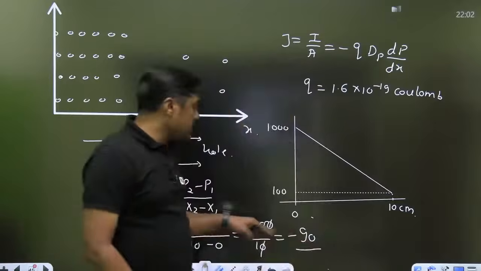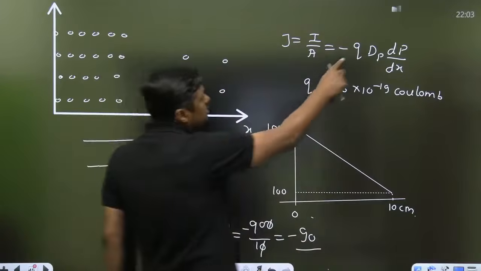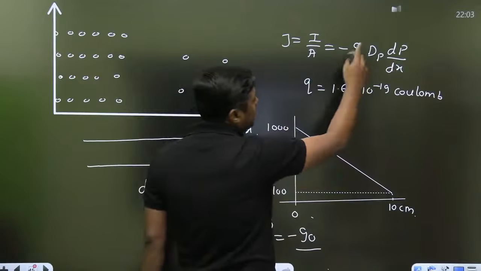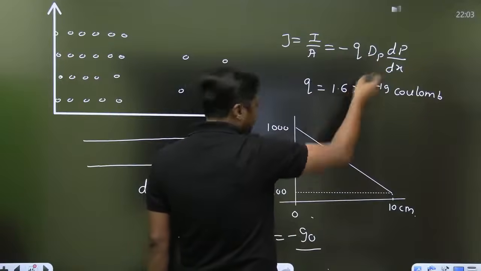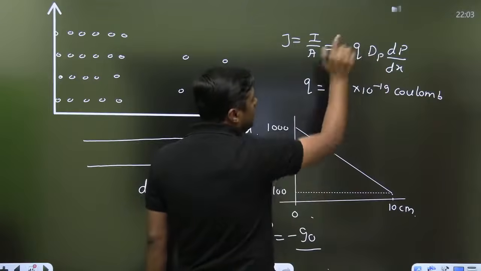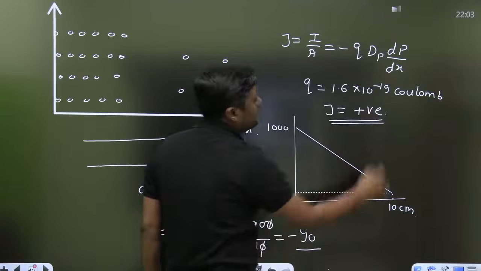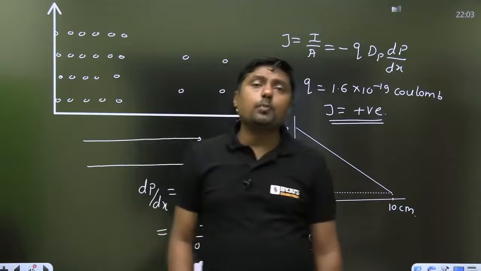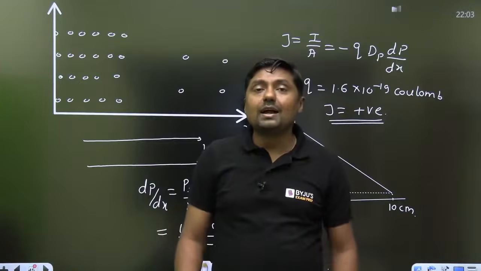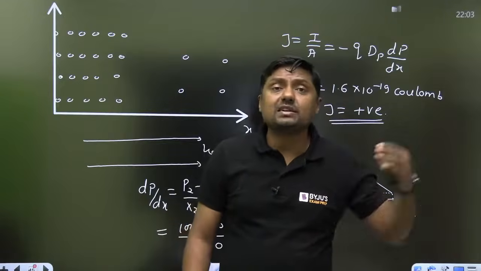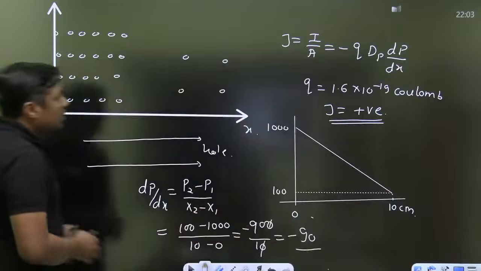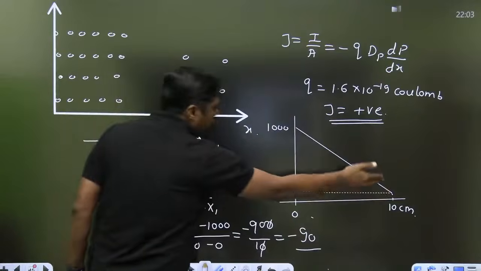When dp by dx is negative, q is the positive value, and Dp is the diffusion constant or diffusion coefficient. When we are putting this value, you will get the positive value here. And what is the meaning of the positive value? That means current is in the positive x direction. Here it is a higher concentration, here it is a lower concentration.